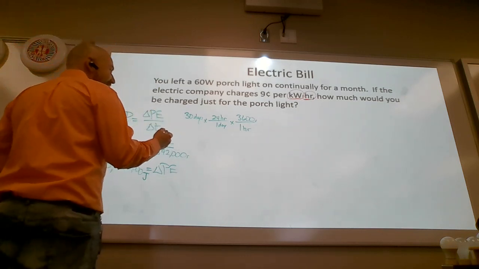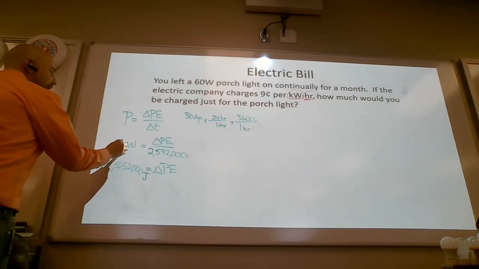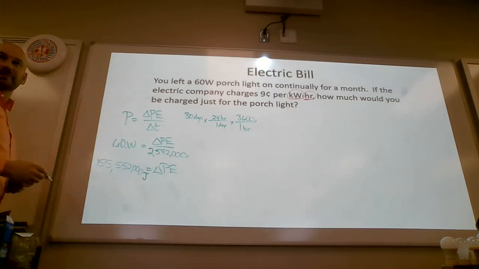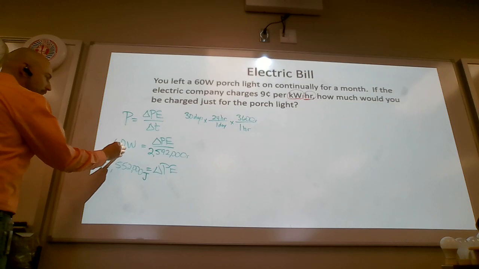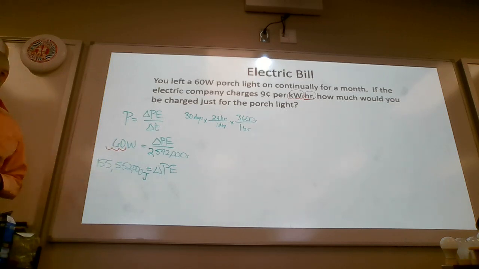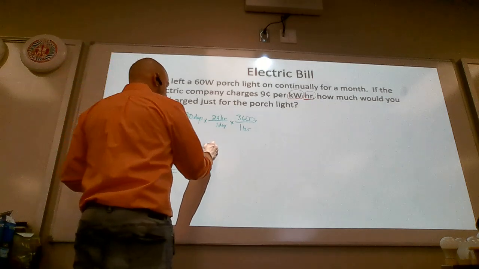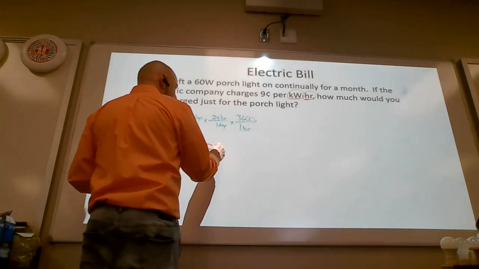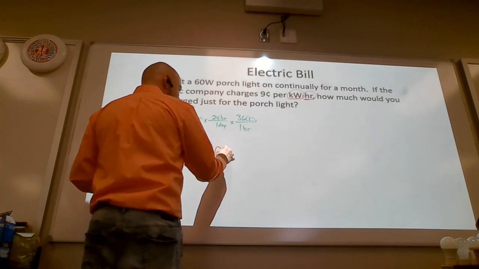Okay. So you're dividing by 1,000. 1, 2, 3 decimal places. Good with that? 3. Divide by 1,000. How many zeros in 1,000? There you go.